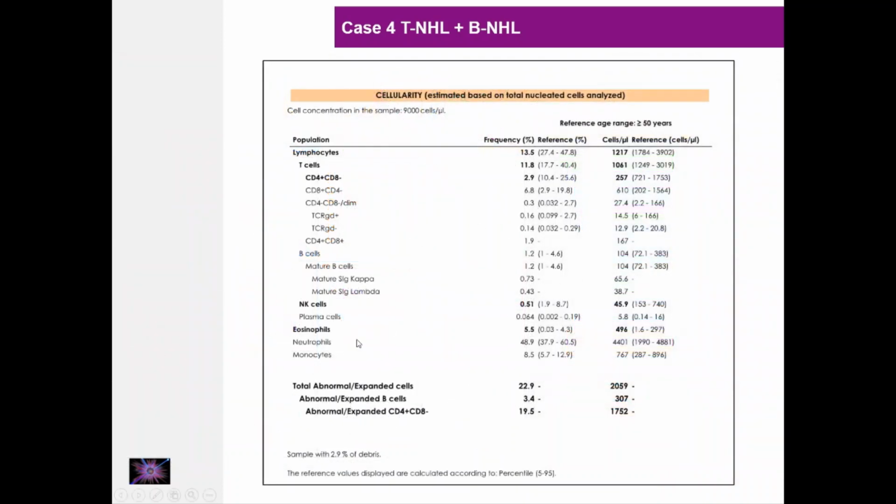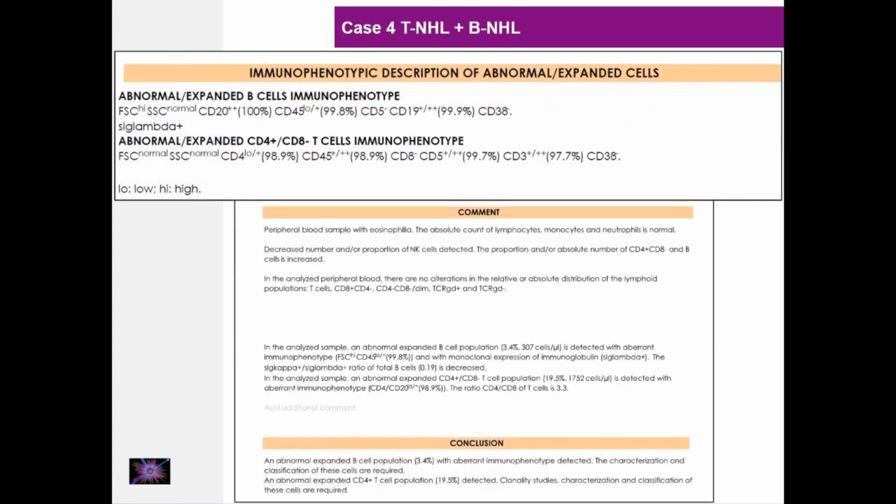And here again we have this identification in the report of both the B and the T cells and the respective abnormal phenotypes. So for the B cells, they are CD20 positive, they have a higher forward scatter, they are CD5 negative, CD19 positive, CD38 negative, and they are lambda restricted.